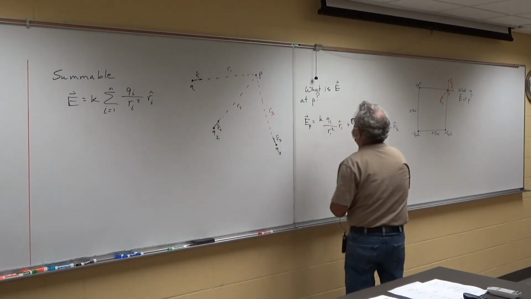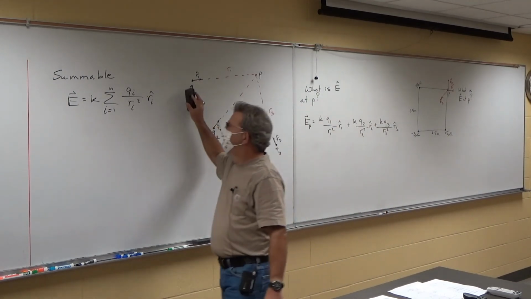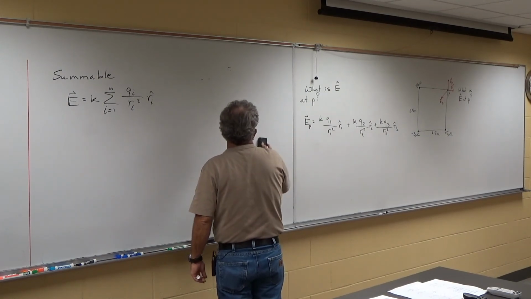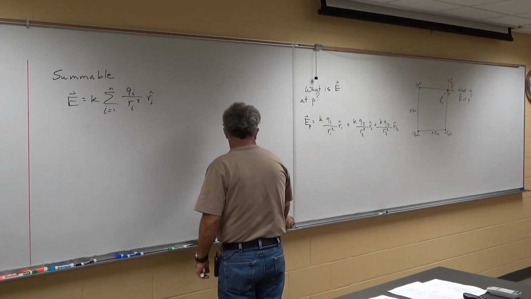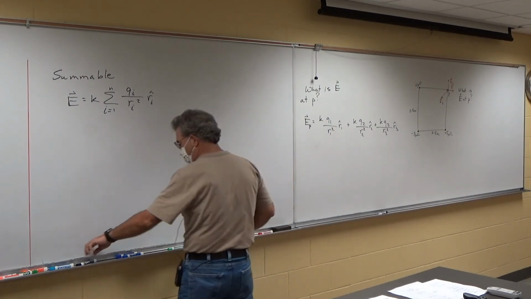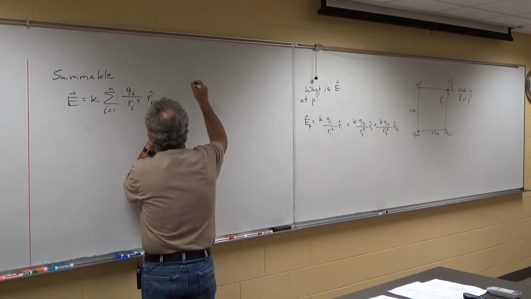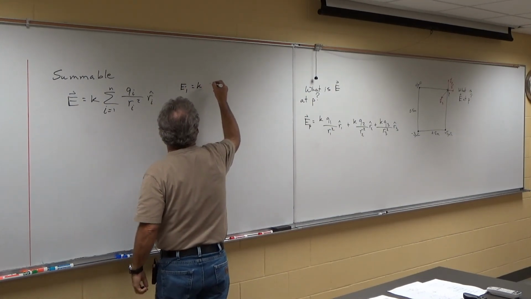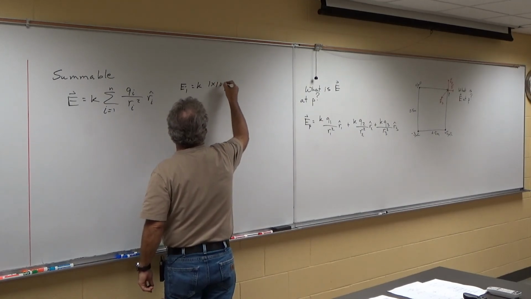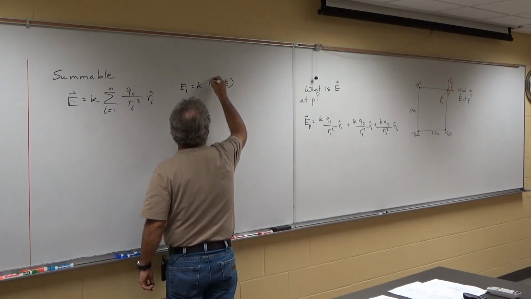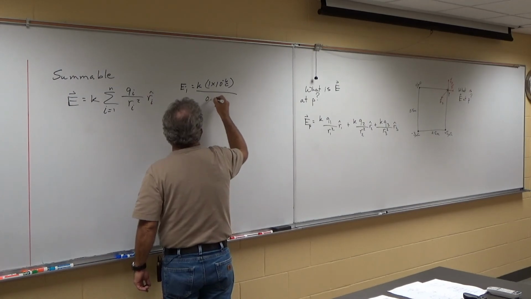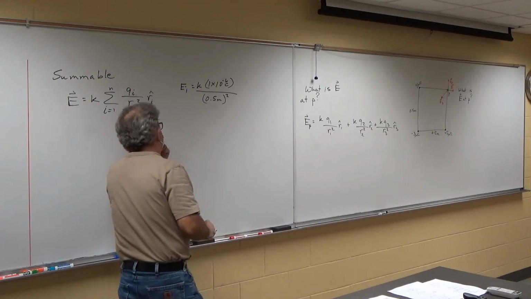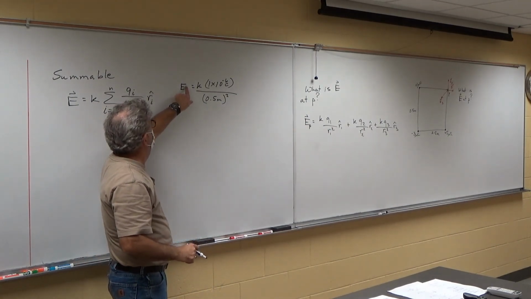Sum them up. The first thing is I'm going to calculate, just like I always do, the magnitudes first. So for E1, magnitude is equal to K times 1 times 10 to the -6 coulombs divided by 0.5 meters squared. That's E1.